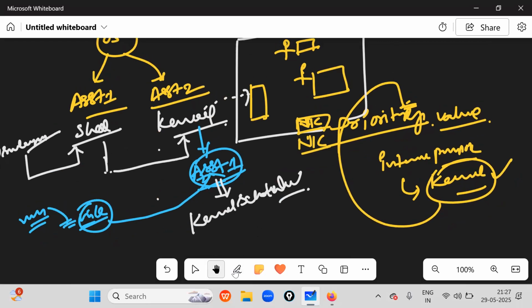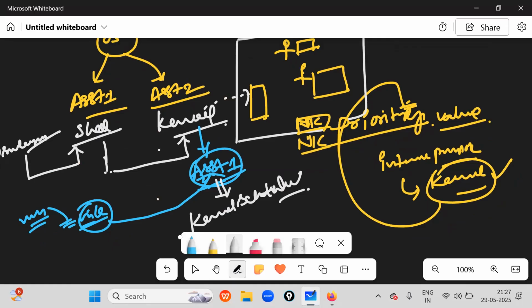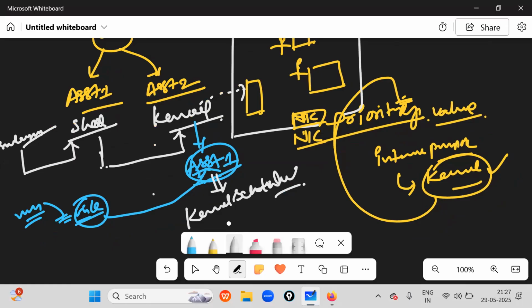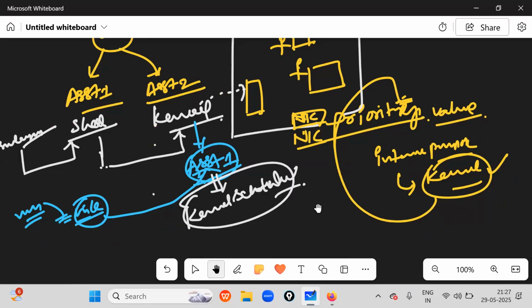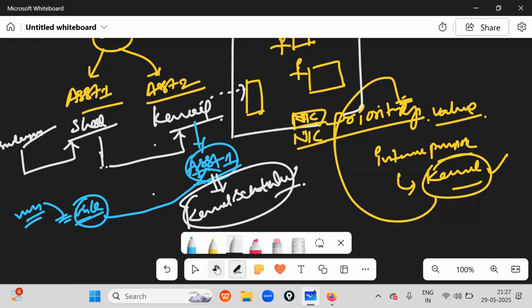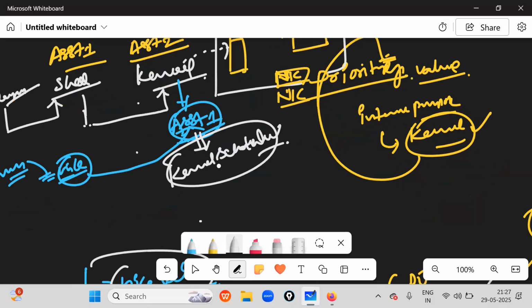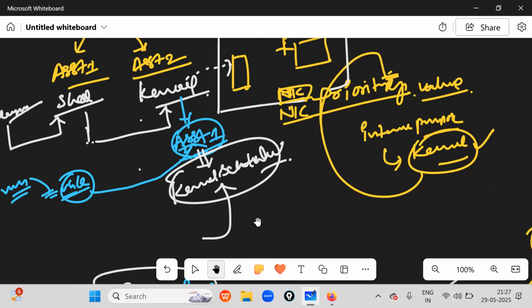Whatever programs or processes we are executing, that priority will be taken care of by the kernel scheduler only. That means it is scheduling the process and the priority. Actual priority scheduling is done by the kernel scheduler only.